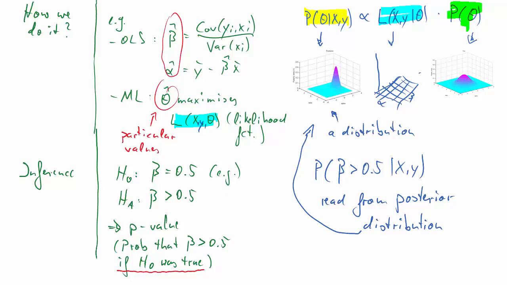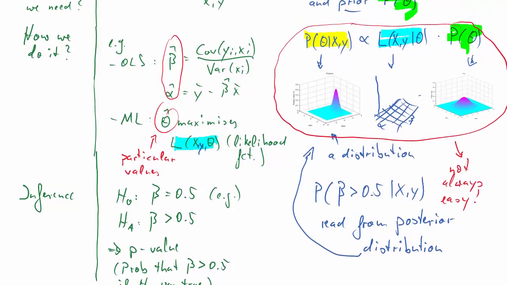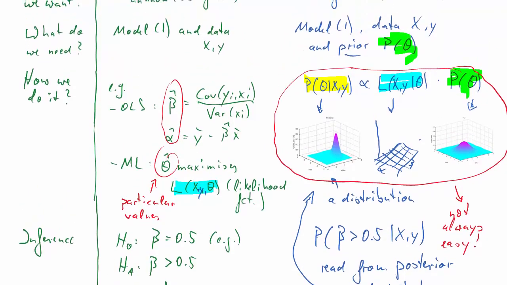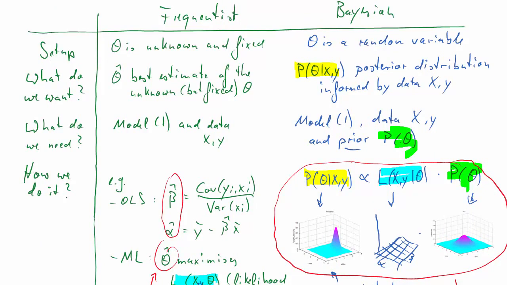However, this more sensible inference comes at a price. This price is twofold. Firstly, these calculations, which I tried to outline graphically, are not always easy. We get more and more software packages that help us with these, but often we need a lot of computational power to do these calculations.